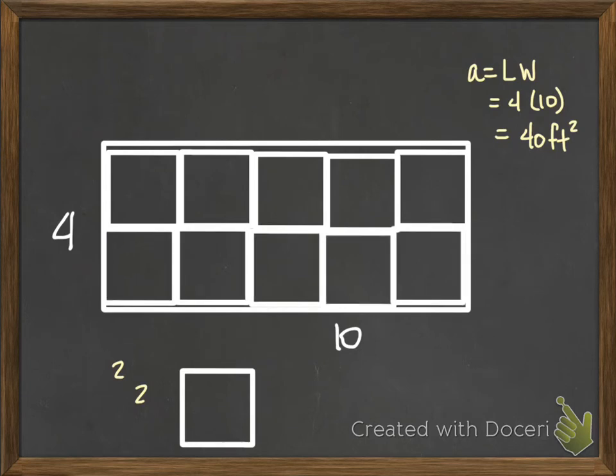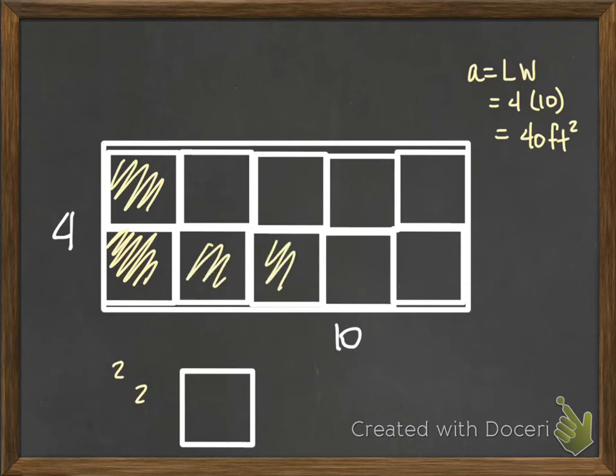So I could look at it as 4 feet by 10 feet, but I could also look at it as 2 boxes fit this way, and then 5 boxes fit this way. So that's 10 of these 2 foot by 2 foot boxes that would fit in this bigger rectangle. To me it's a little bit cumbersome, but it kind of depends on what you're calculating.